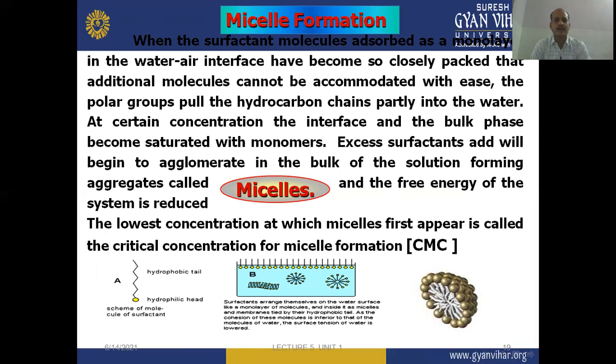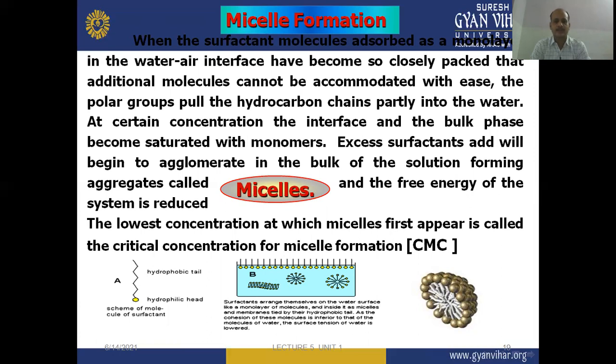So micelles are the aggregation or agglomeration or collection of the surfactant molecules. The lowest concentration at which micelles first appear is called the critical micelle concentration. So CMC, or critical micelle concentration, is the lowest concentration at which micelle formation starts.